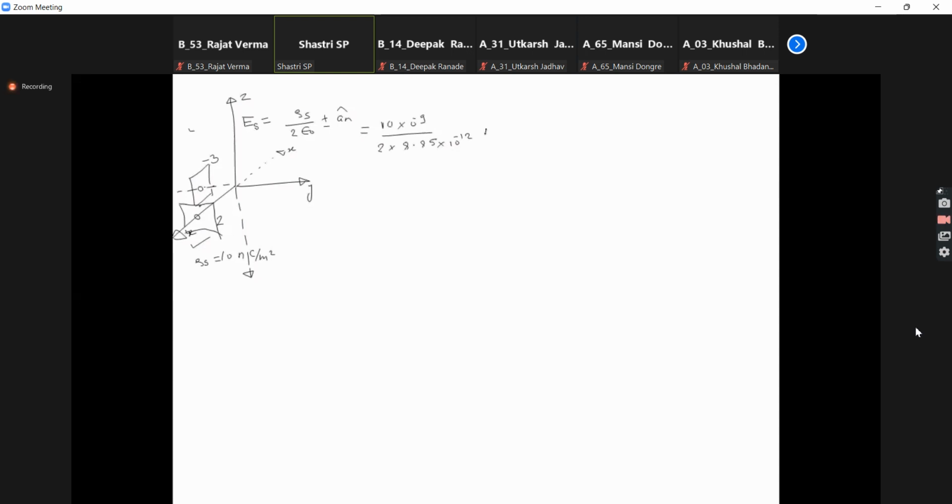Then plus minus an. This calculation can be done by yourself very easily. Simply put all these values in the calculator, you will get the result.